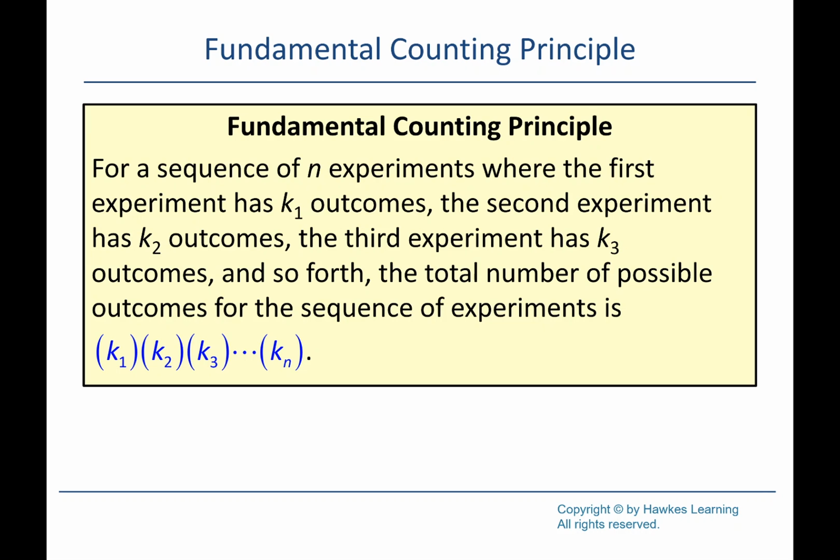All we're doing, if you get down to the bottom of the slide, is we take the number of outcomes for the first experiment, multiply it by the number of outcomes for the next experiment, times the number of outcomes for the next one, until we get them all listed out, and we just multiply all those together. We're just thinking our way through that. How many outcomes do I have here? How many do I have here? How many do I have here? And then we just multiply them all together.